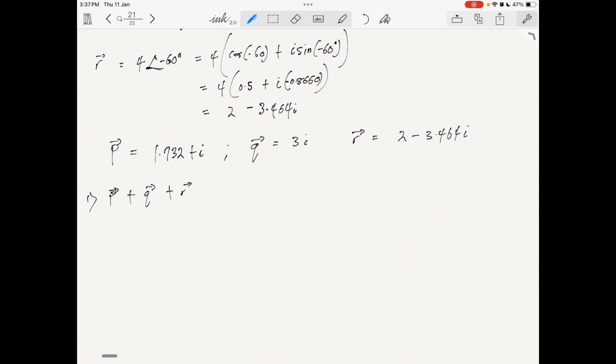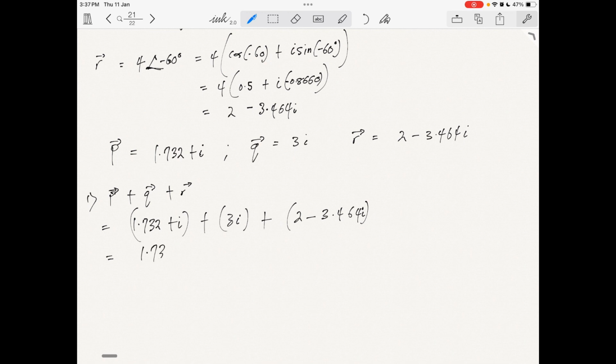Now we can perform the algebraic sum of the 3 complex numbers. So this will be equals to 1.732 plus i plus 3i plus 2 minus 3.464i. Thereafter, we collect like terms after we open the brackets.